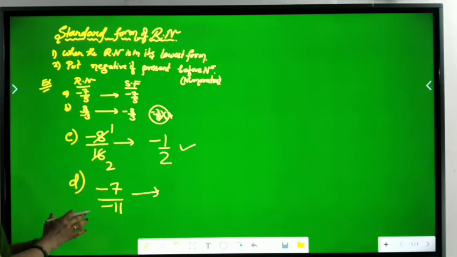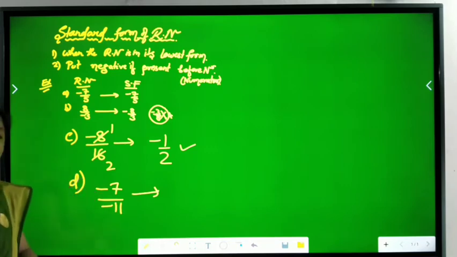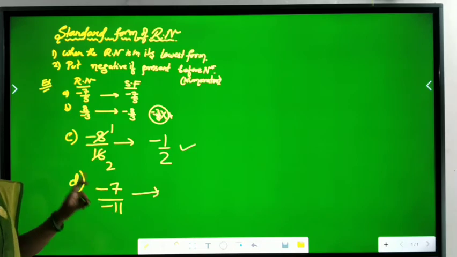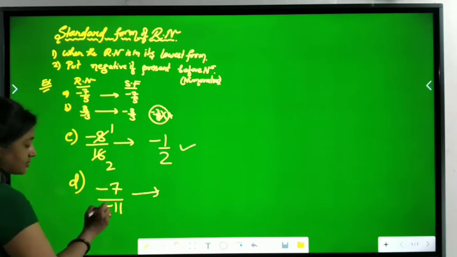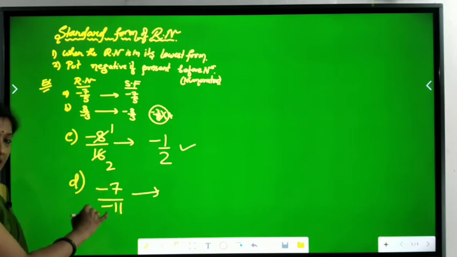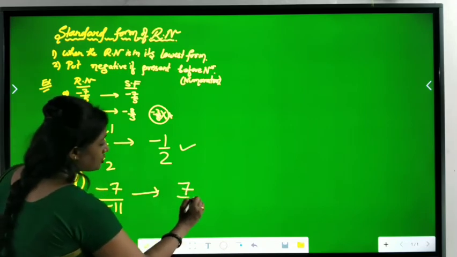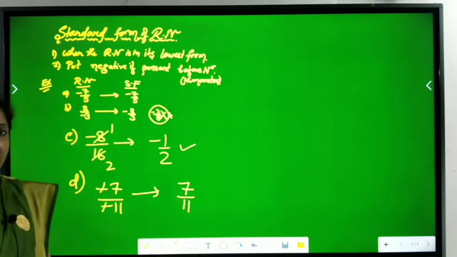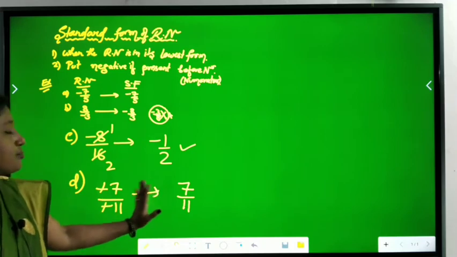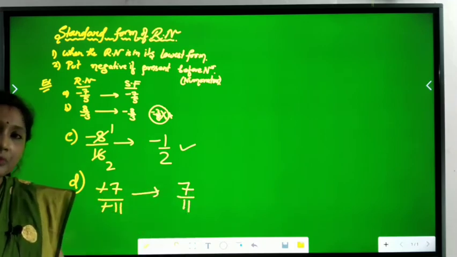But look at this example. I have given negative sign before numerator also and before denominator also. That means we have to cancel negative sign from denominator. If minus minus is present in both numerator and denominator, this rational number is equivalent to 7 by 11. Minus minus will be cancelled. And the standard form of minus 7 by minus 11 will be 7 by 11.